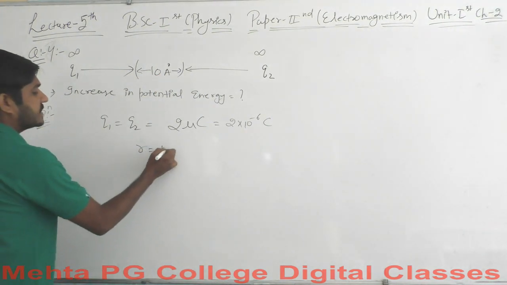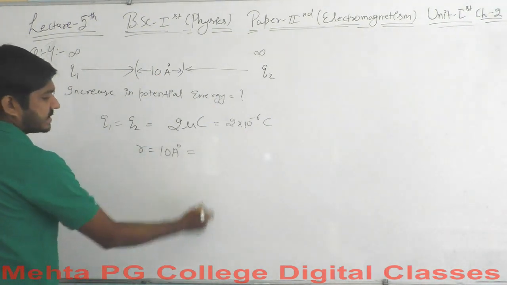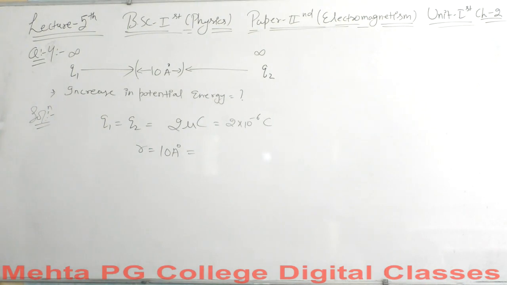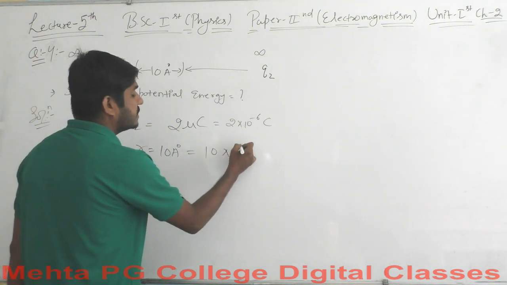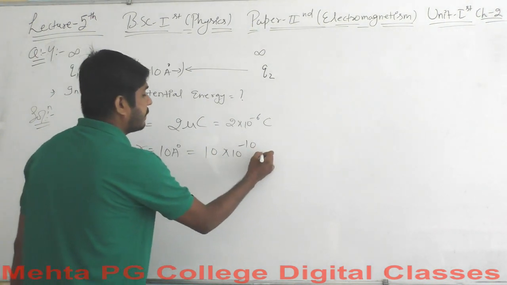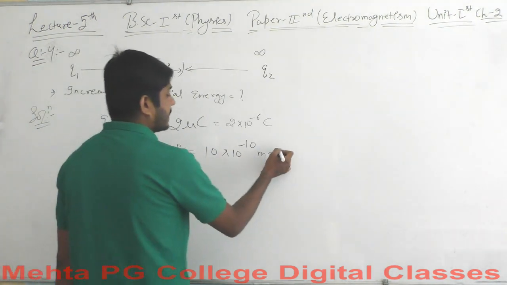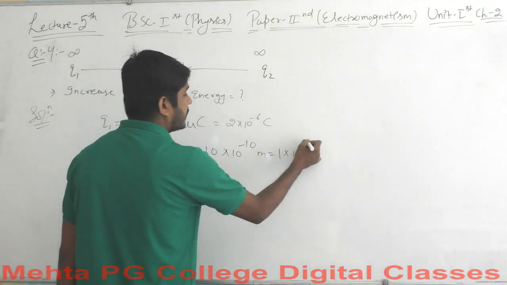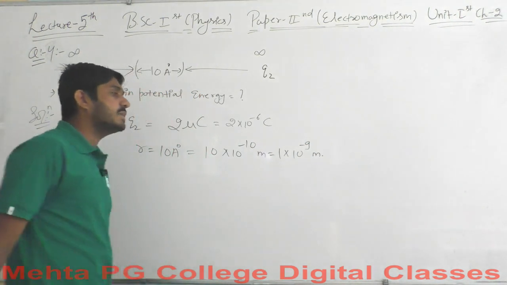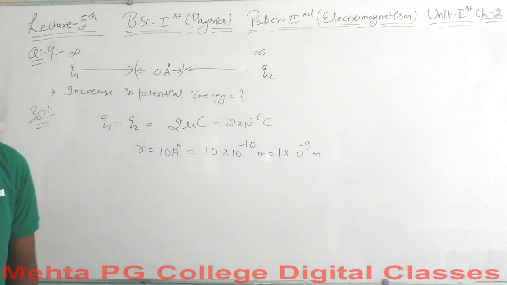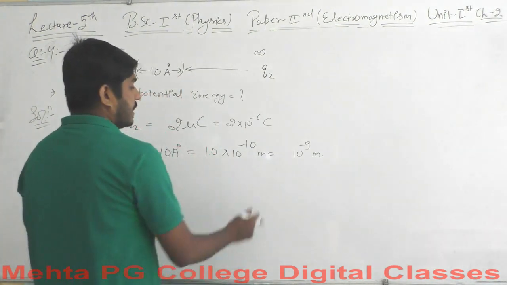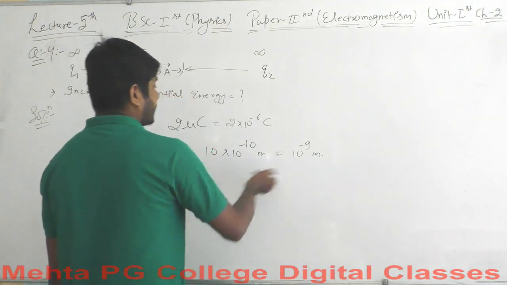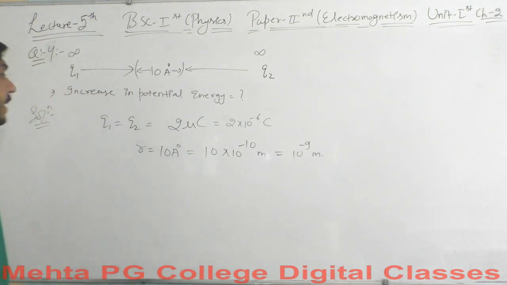The distance r is given as 10 angstrom. So let's change this angstrom into meter. This will be equal to 10 into 10 to the power minus 10 meter, which is 1 into 10 to the power minus 9 meter, or simply 10 to the power minus 9 meter. You need not write 1 either. This is the length here.